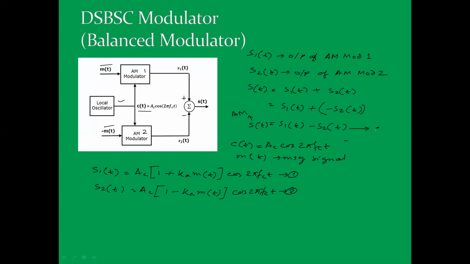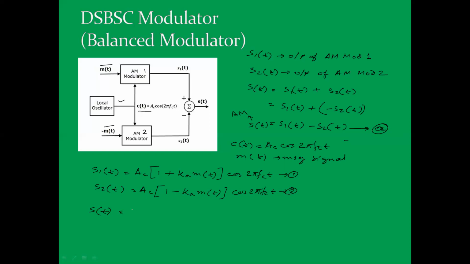From this equation, suppose this is equation A. From equation A, I can say S of T is the combination of S1T and minus S2T. Now, what will be the value of S of T?